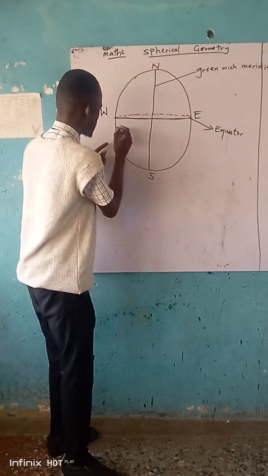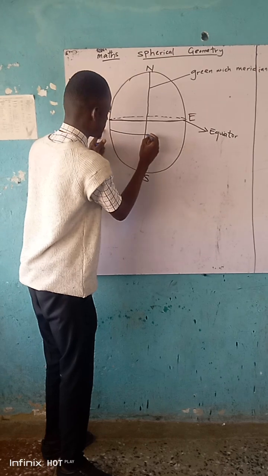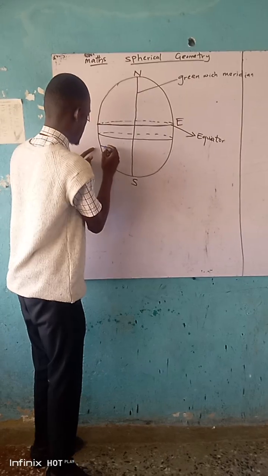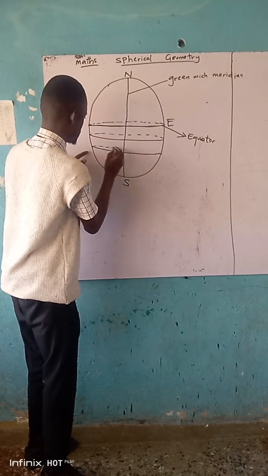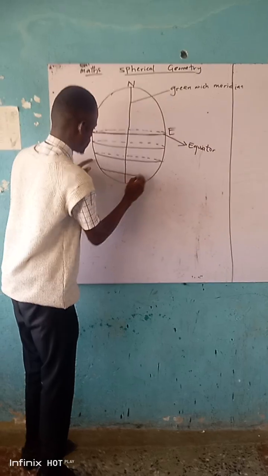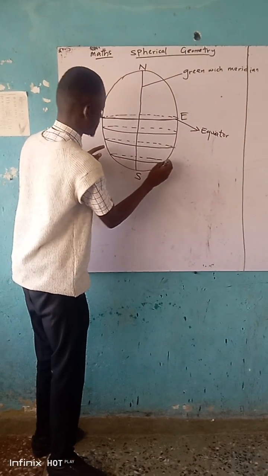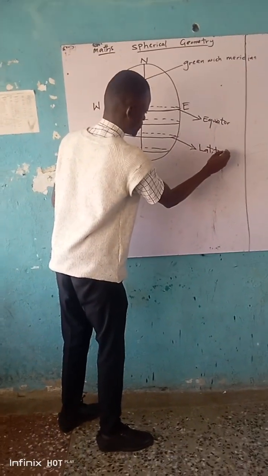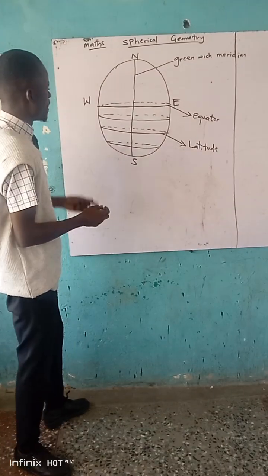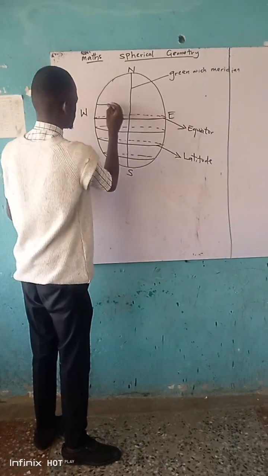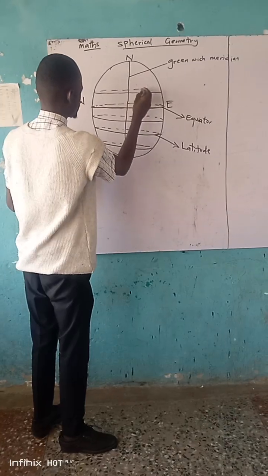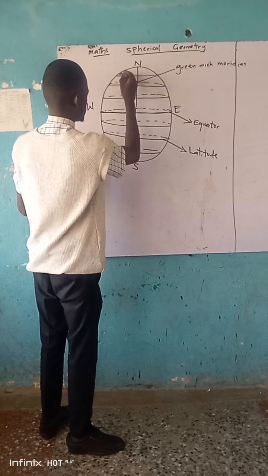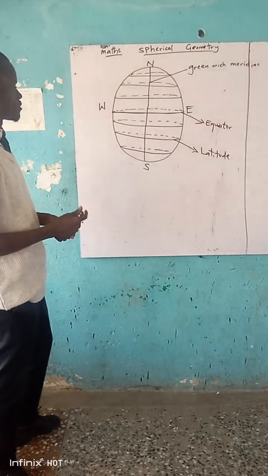So all the lines that run from the west like this across to the east are our latitudes. They are imaginary lines in a circular form, that's why I'm drawing them like this. They run across like this. All these ones are our latitudes.